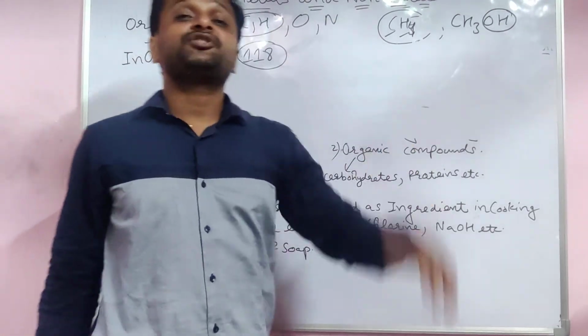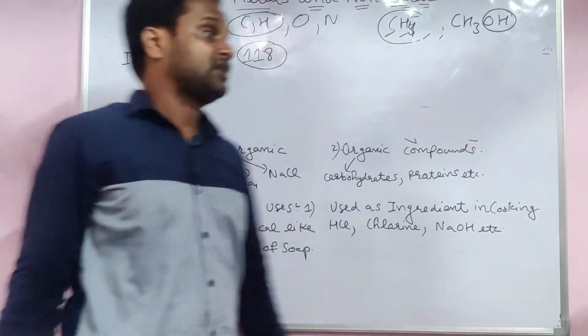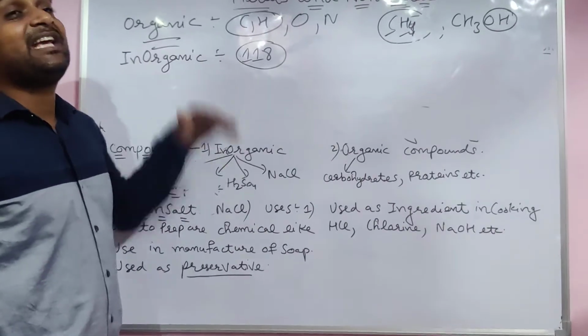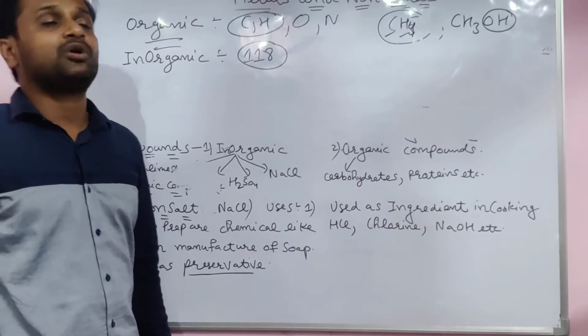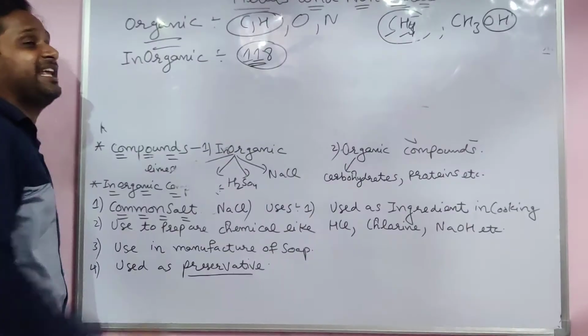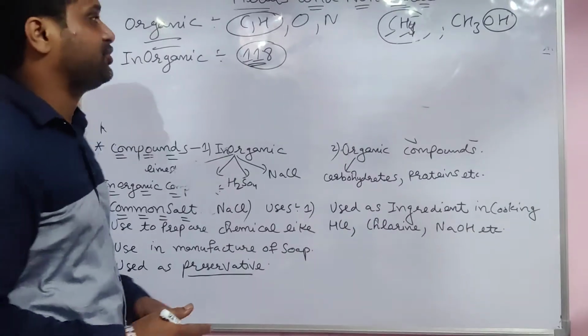In organic chemistry we study carbon and its compounds, carbon and hydrogen compounds and their derivatives. In inorganic chemistry we study the full periodic table without carbon and hydrogen together.